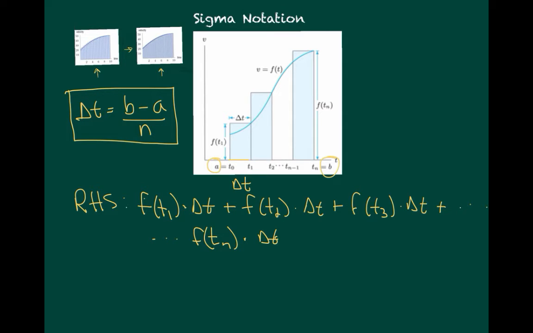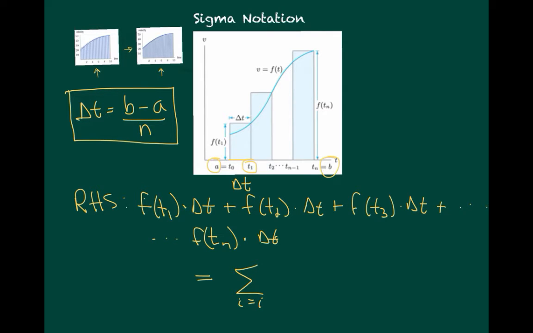So they've made that simpler by introducing what's called sigma notation. So we write the Greek letter sigma, which means sum. The bottom of sigma tells us where to start. So in this case, our first i, or I should say our first height, was at t sub 1. So i equaled 1.